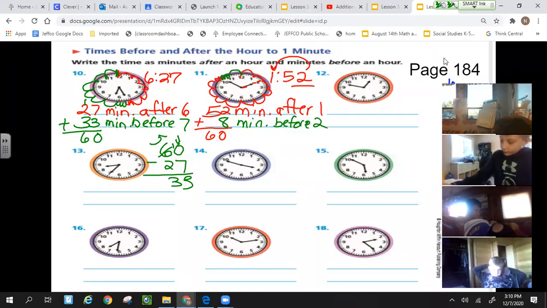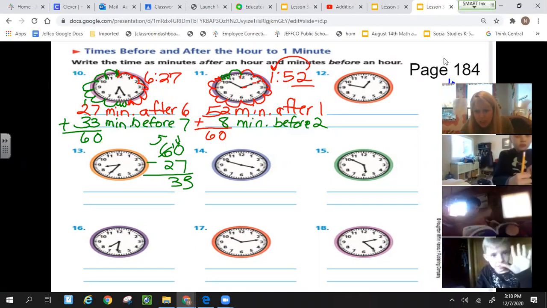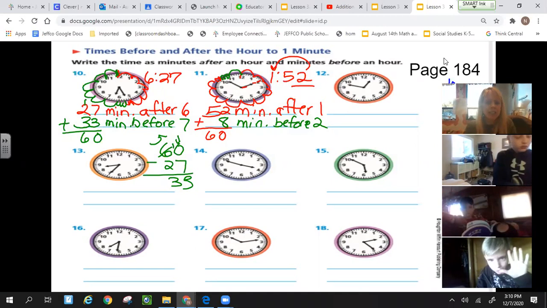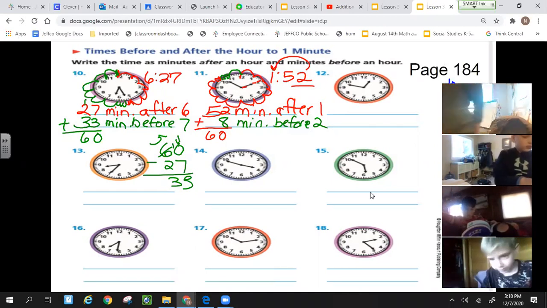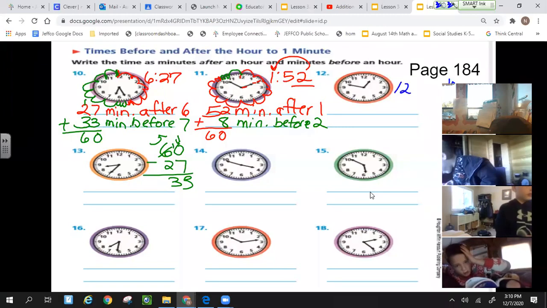All right, look at number 12. I'm looking for a volunteer that feels confident in what we're doing, that would like to share their thinking. Josh Carter, I see your hand is up. What is the time first? The time is 12:48.